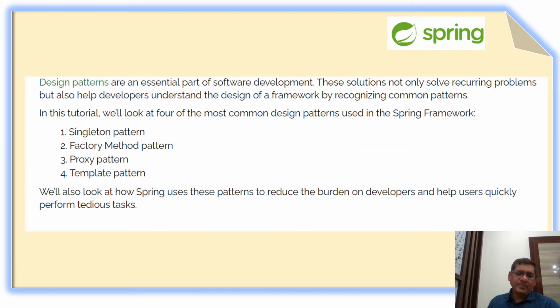In general, we face one interview question: what are the design patterns involved in Spring Framework? On the screen, we can see there are four design patterns involved in Spring Framework. They are singleton pattern, factory method pattern, proxy pattern, and template pattern.